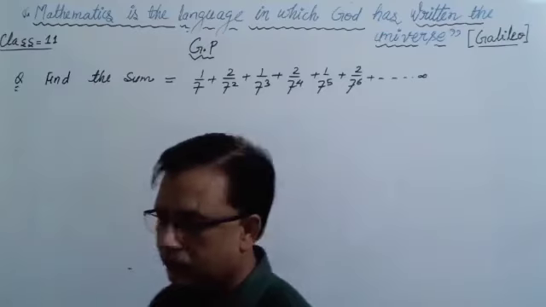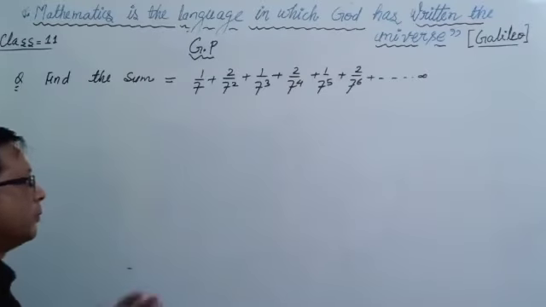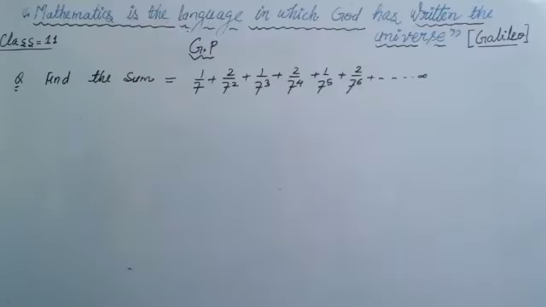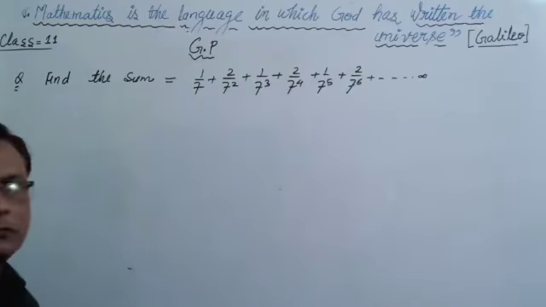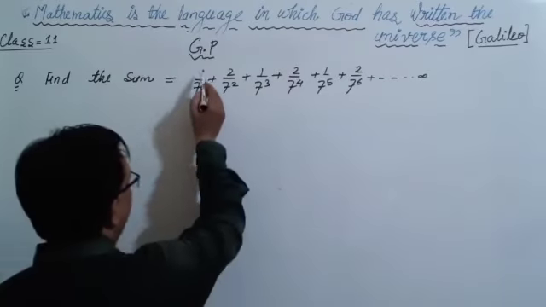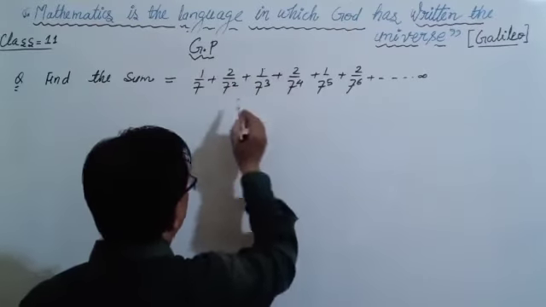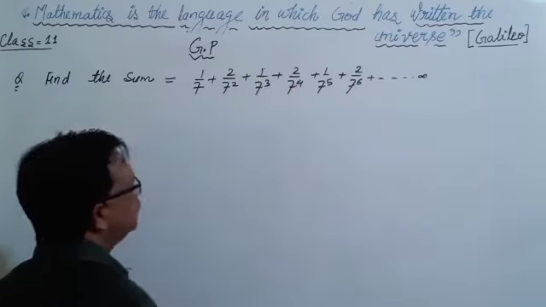Terms in GP, and the important point is this: in this question there are two types of series. One series is in which the numerator is 1, and another series in which the numerator is 2.